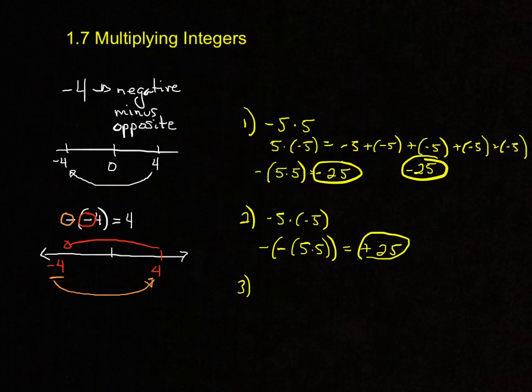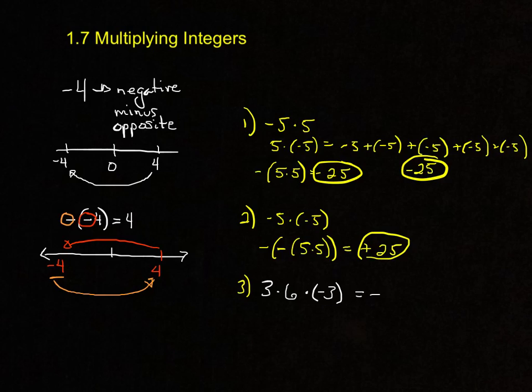Let's do one more, just to make sure we have the basis for what I'm looking for tomorrow. The next one that we're going to look at is 3 times 6 times negative 3. In this case, we only have one negative sign, or if you want to use the third definition, one opposite sign.